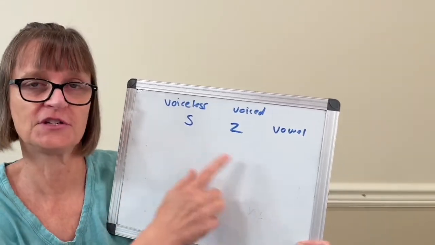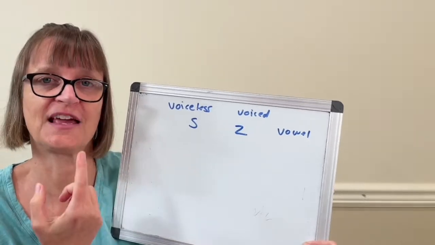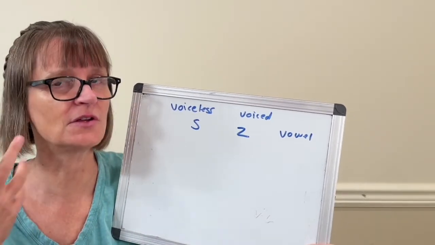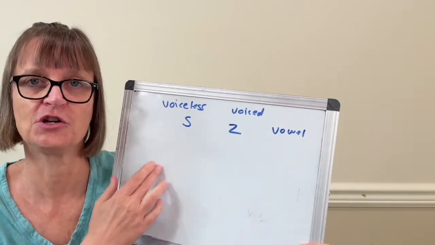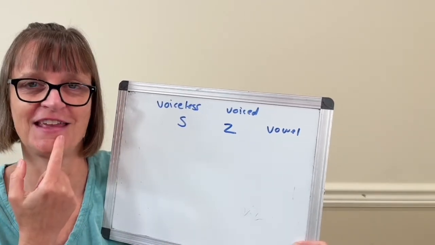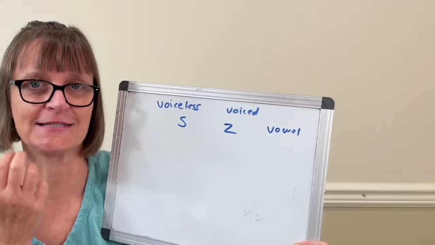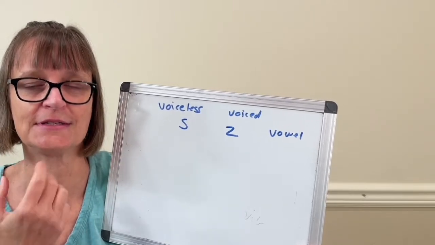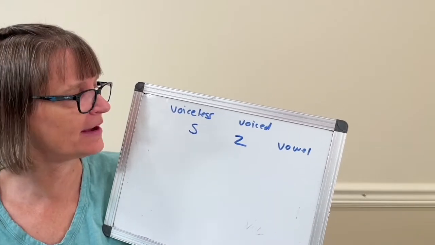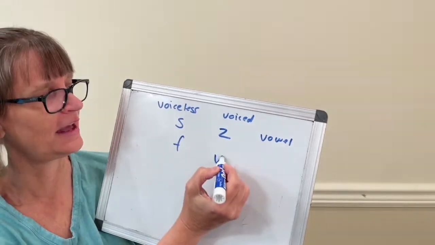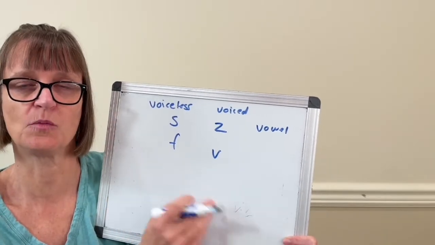But some of our consonants can be voiceless. So for example, that s sound, you can hear there's just air, just noise, and no vibration. But if I turn my voice on, but I don't change anything in how my mouth is, the s turns to a z, or the voiceless th turns to a voiced th. So we have these pairs like f and v, where one is voiceless and one is voiced.